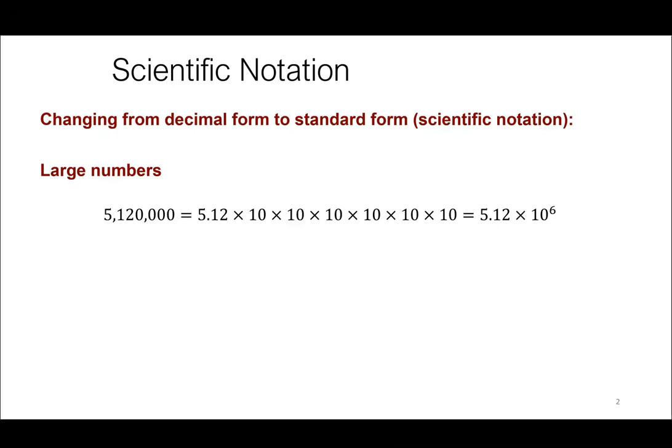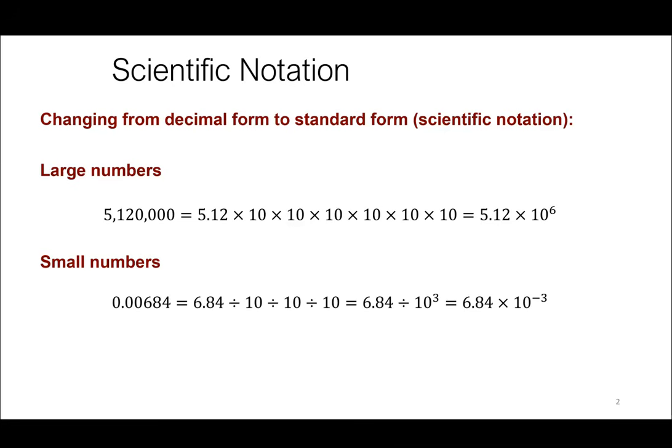And then I am going to count how many decimal places I have to move the decimal to here. So 1, 2, 3, 4, 5, 6. So it means I'd have to multiply this by 6 tens. So there's my 10 to the 6th. You guys remember I've done this, I think, again, it's some middle school introduction. You've probably done it a bunch of times in your science class or whatever.